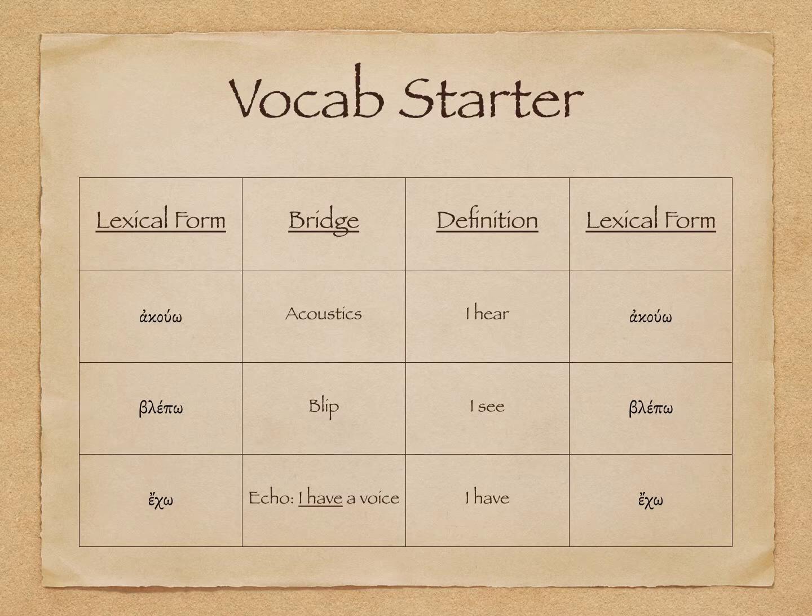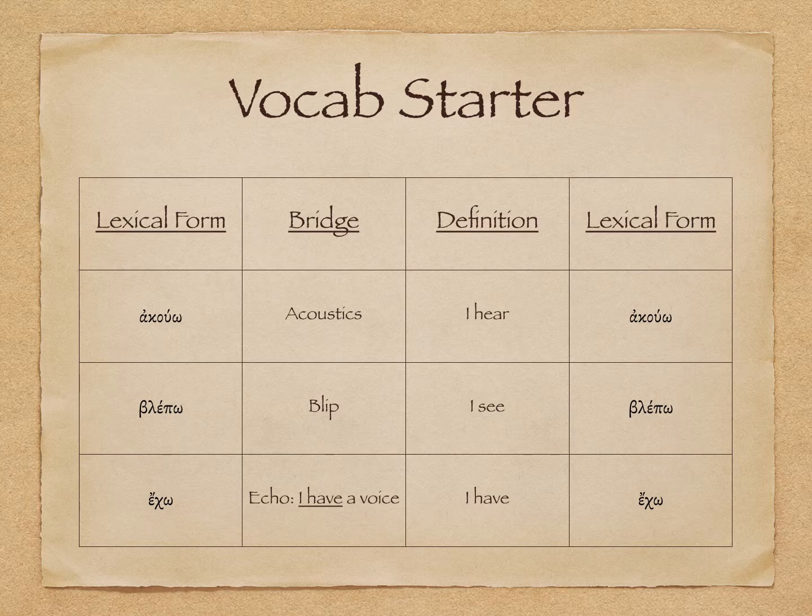We begin with the lexical form. This is just right out of Mounce, the first word this week, akouo. And the bridge there is something that I have used over time to help me memorize a number of different words in various languages. And the bridge here, akouo, I think of acoustics. The definition of akouo is I hear, and then I write that lexical form out.